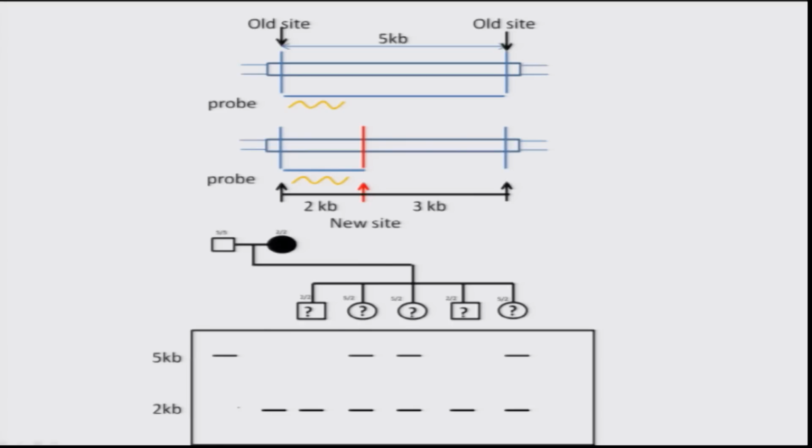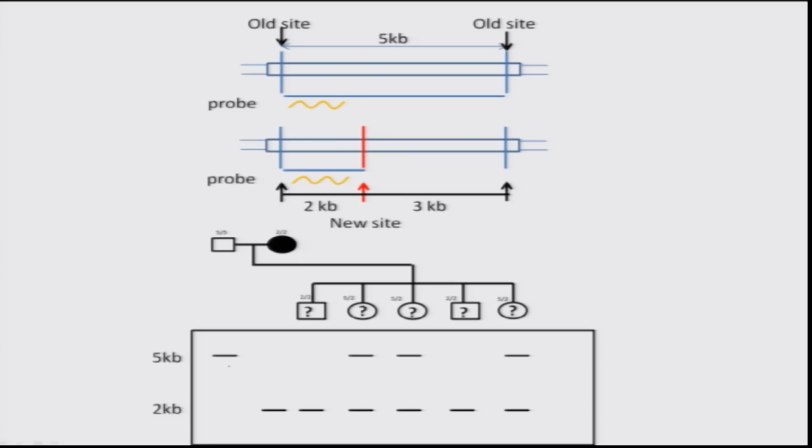the father gives a 5 kb band, which means that none of the alleles have that particular mutation which generates that new site, and hence there is only one single band. Both the alleles give the same size.